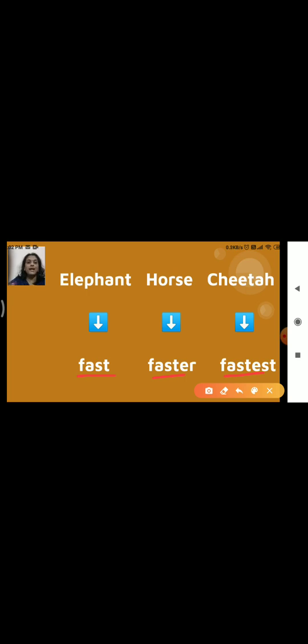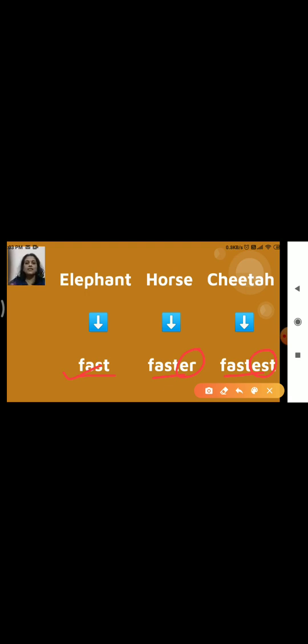So here what we did? We compared the three animals, and while doing so, we added some letters to the main word, the main adjective. Here you can see fast is the main adjective. We added ER to that main word, and then later on we added EST to the third word, isn't it?